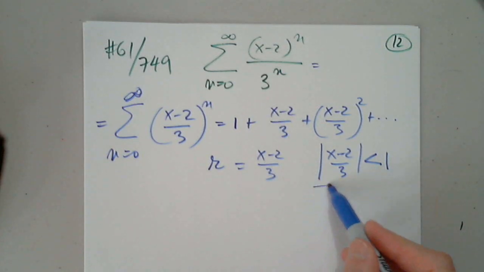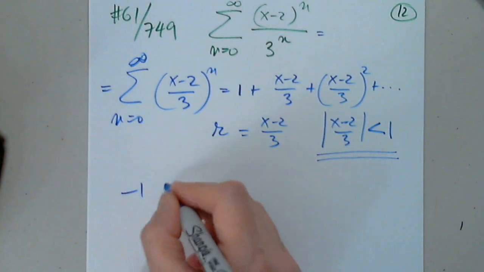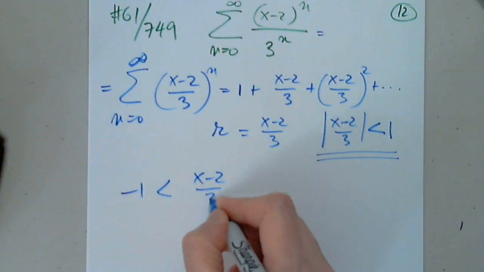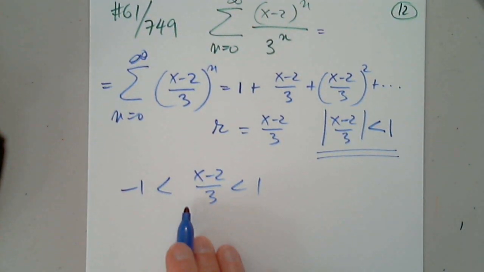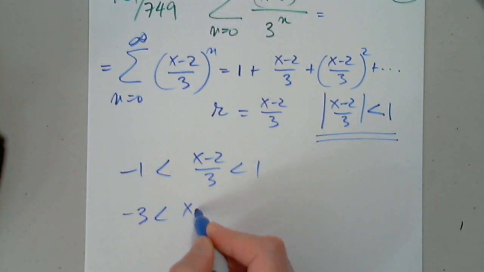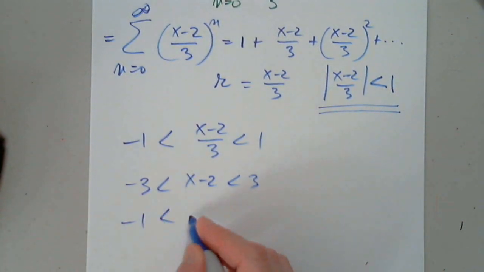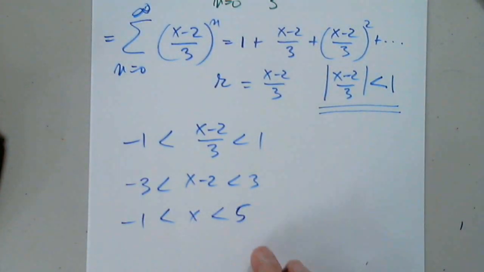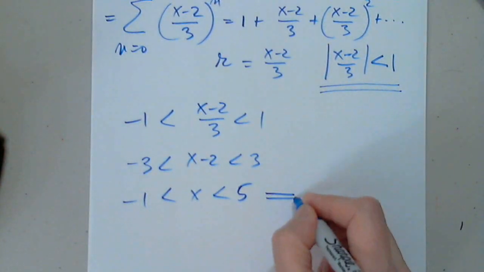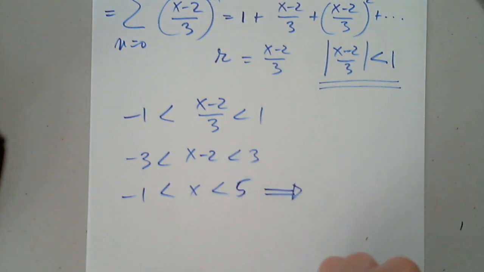So this must be our condition, our starting point. In order to solve this inequality, we have to rewrite it as the absolute value of (x minus 2) over 3 less than 1. We will multiply all three sides by 3. We will add 2 to all three sides. And remember, we did this in the epsilon delta definition, if you remember from Calc 1.